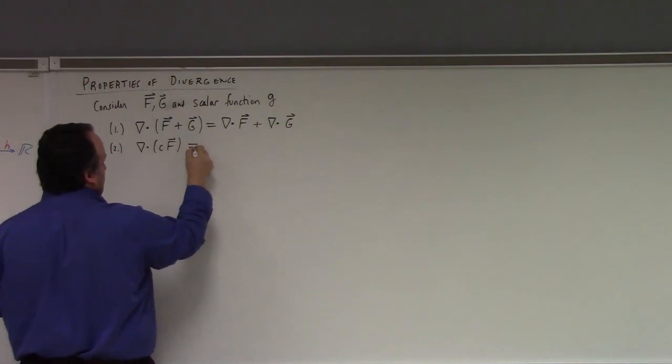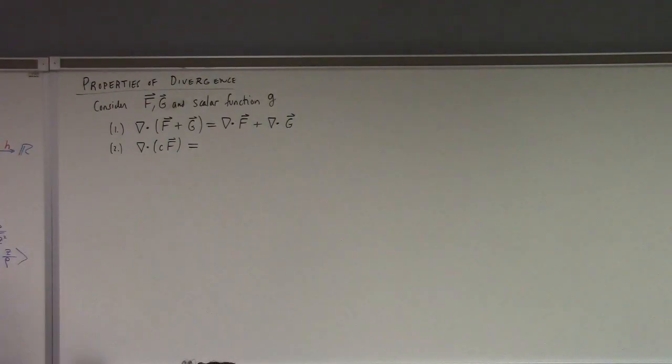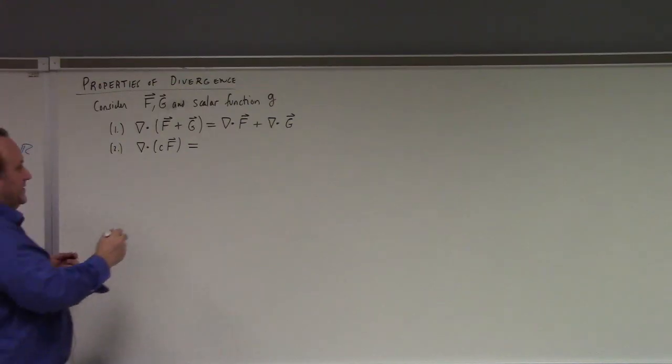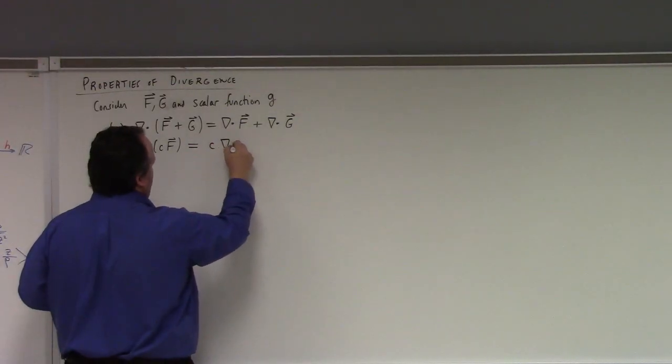Can we pull a constant out of the divergence? Yes, we can. So it's the constant times the divergence of F.